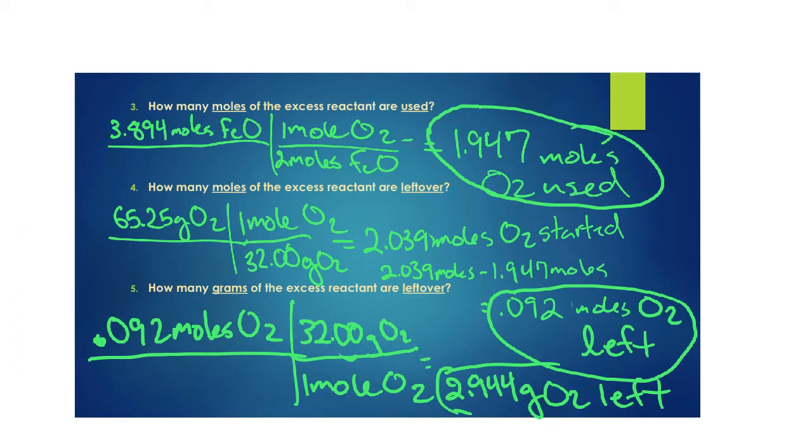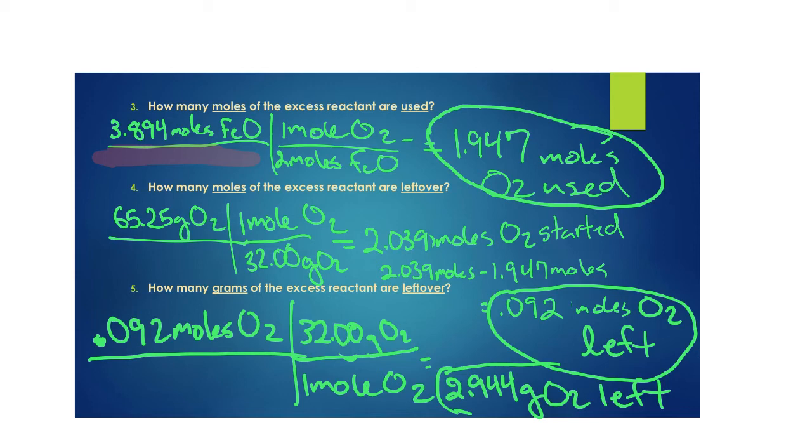Okay, so if you went further on solving this problem, we wanted to figure out how much of the excess reactant we have left. In this case, what I did was compare it to a value that we already solved for. Because again, we can use the mole ratios in any way, we already solved for moles of iron oxide. And so I can use that known ratio to convert that into oxygen.